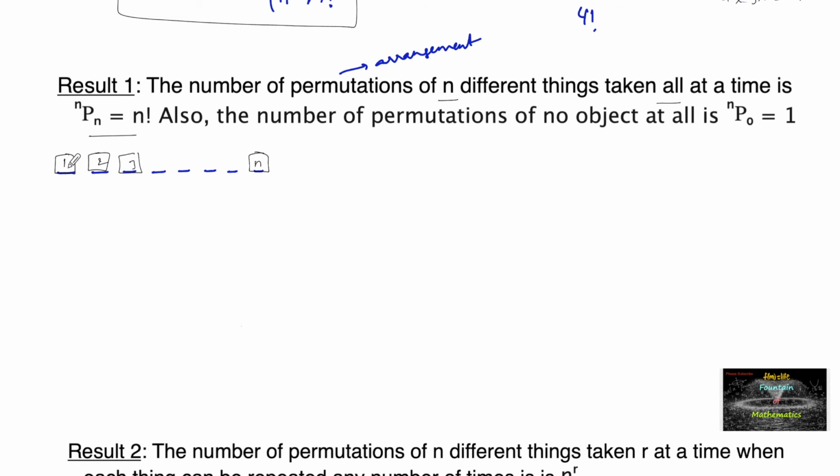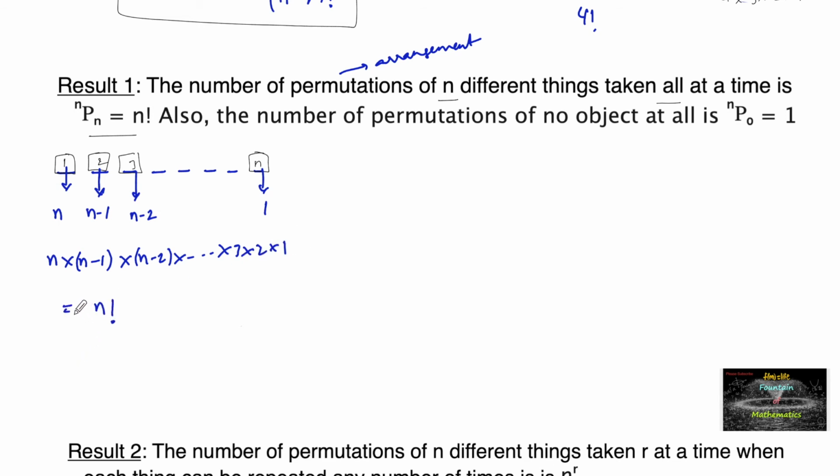So we may have, the first box will have n possibilities and the second box will have n minus 1 if there is no object repeating, no repetition, then third one will have n minus 2 and so on, and this will be having at last 1. So by the fundamental principle of counting we can write, so you can continue as before, like n into n minus 1 into n minus 2 into and so on, 3 into 2 into 1, which is nothing but n factorial.